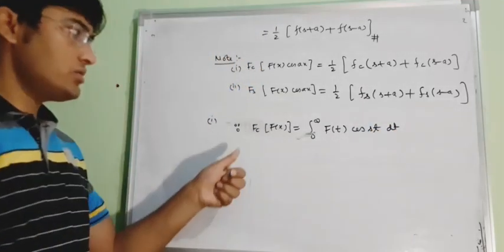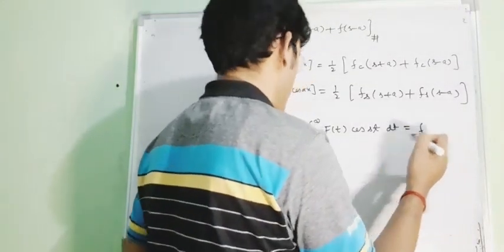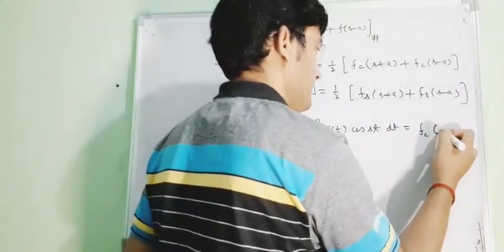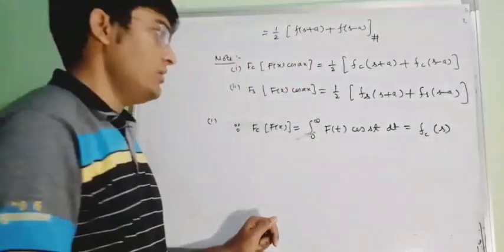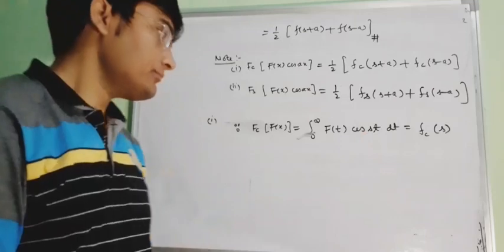So this is the definition of the Fourier cosine transformation, and we will write it as the Fourier cosine transformation of a function. Similarly, for the sine transformation, here we will get sin st.